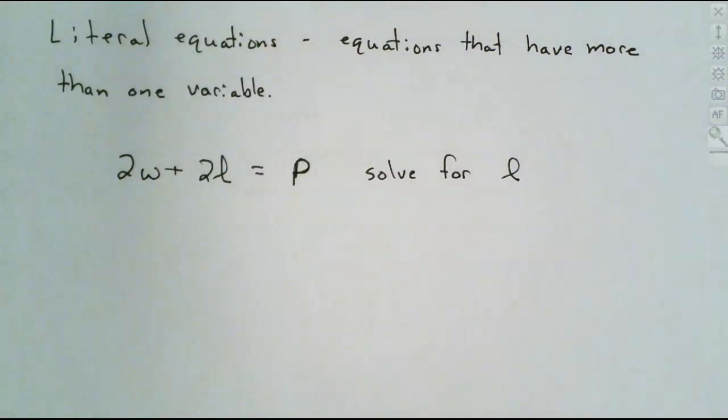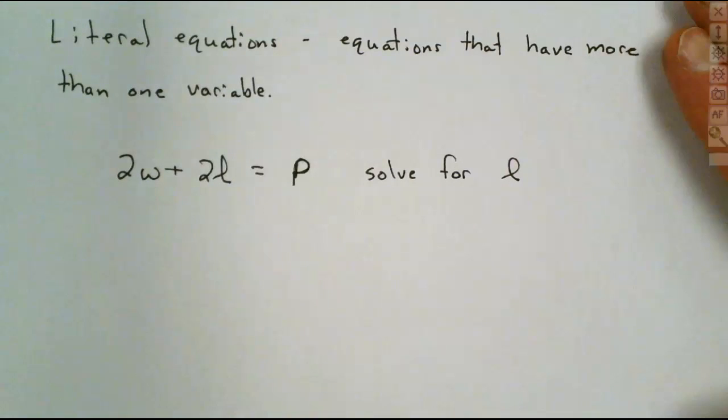So in this case, I want you to solve this for L. Now, right now, it's solved for P. We need to solve it for L. And when we solve it for L, that means we want L on the left-hand side and everything else on the right-hand side. So we want that L on the left-hand side.